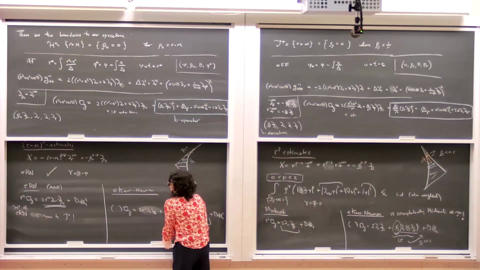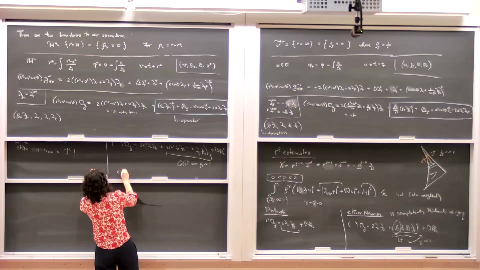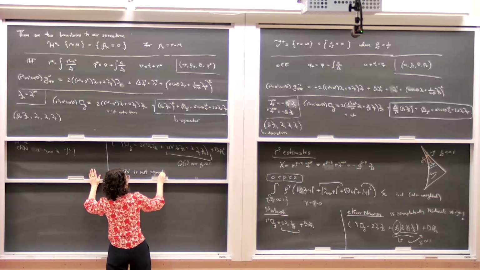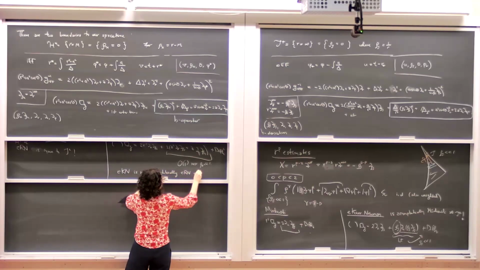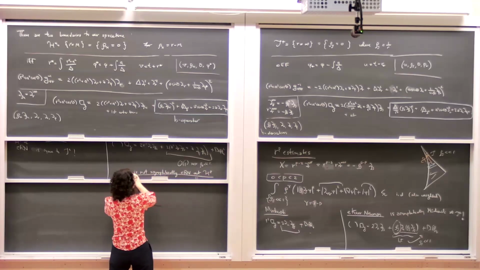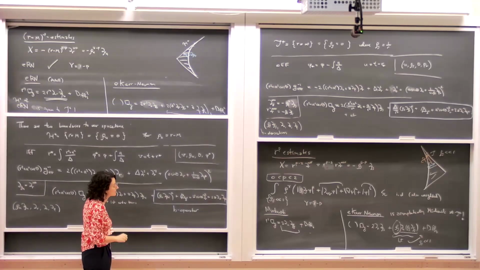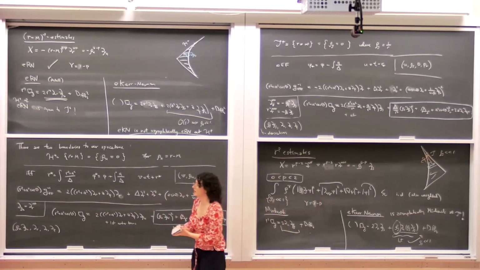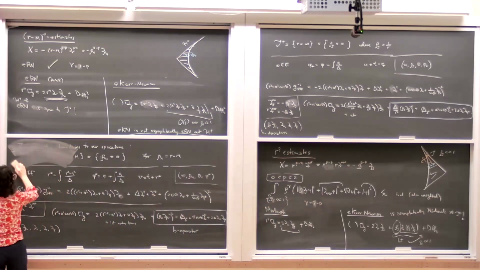And in fact, that's what we see. Let me summarize it here, saying that extremal Kerr-Newman is not asymptotically extremal Reissner-Nordström at its event horizon. Minkowski was asymptotically Minkowski near null infinity, but this is not asymptotically extremal Reissner-Nordström near the event horizon.